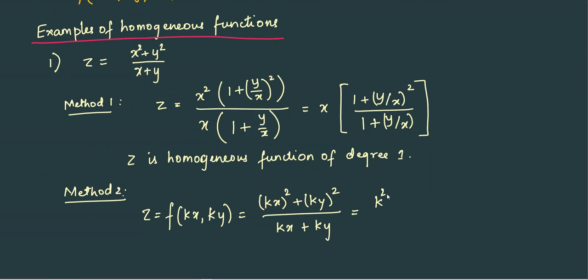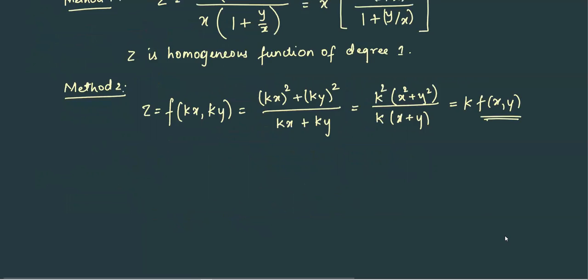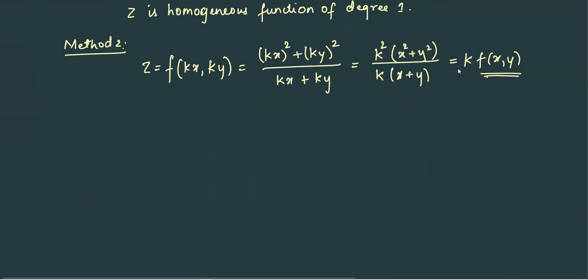So I get k square common, x square plus y square, and k common, x plus y. So I'll get k times f of x comma y. I have to get the original function and factor k out. So from here, we get z is a homogeneous function of degree 1.